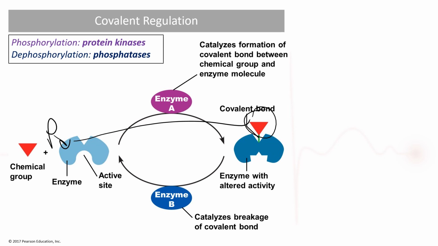That's allosteric regulation. With covalent regulation, it's a chemical group being added to and bound, usually through a covalent bond, to the enzyme. The enzyme oftentimes, as I said, gets phosphorylated. It has a phosphate group added to it, and that addition changes its affinity.